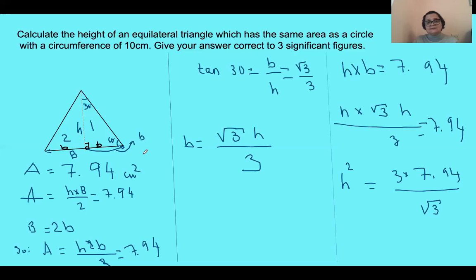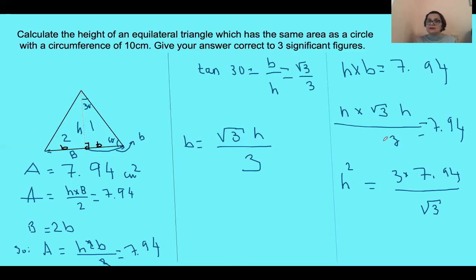So what I've done then, I have substituted into the area A, the big A here, because h times b, we said, is 7.94. So h times all this one, so it's another substitution here, equals 7.94. So h times h makes h to the power of 2 equals 3 times 7.94 divided by square root of 3.